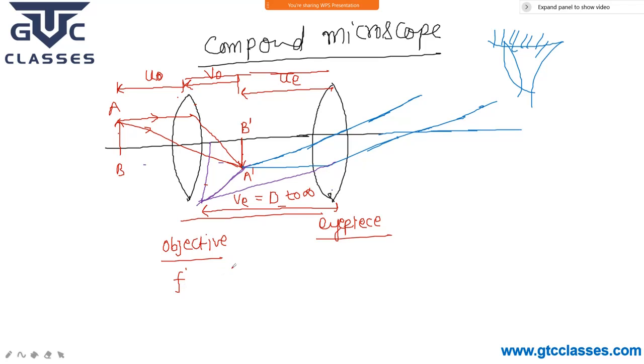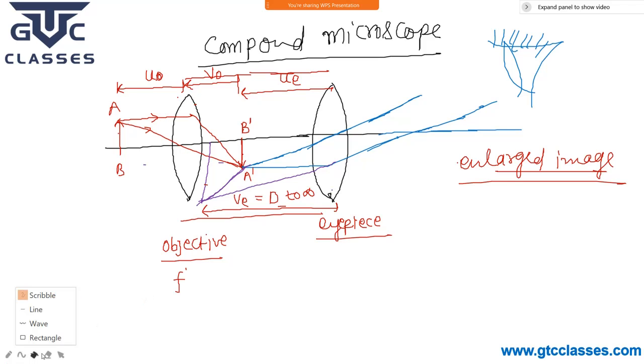Okay, what is our intention from the compound microscope? We would like to get an enlarged image, isn't it? Okay, let's do it one by one. Let's write down what enlargement the objective lens is doing. How much is the magnification because of this objective lens? Can you tell me how we can find that out? Objective lens magnification, M objective. How will we calculate?